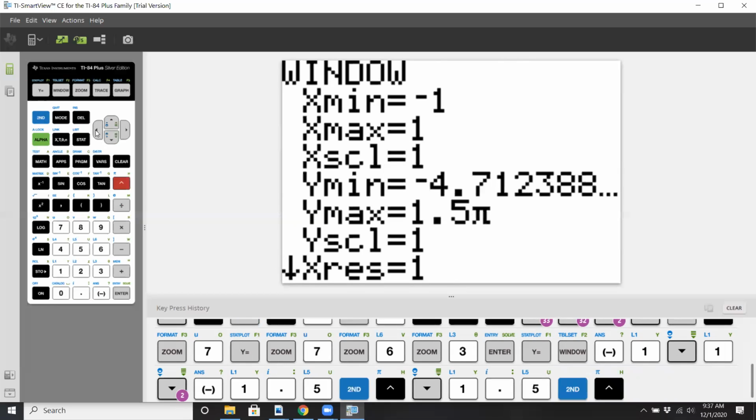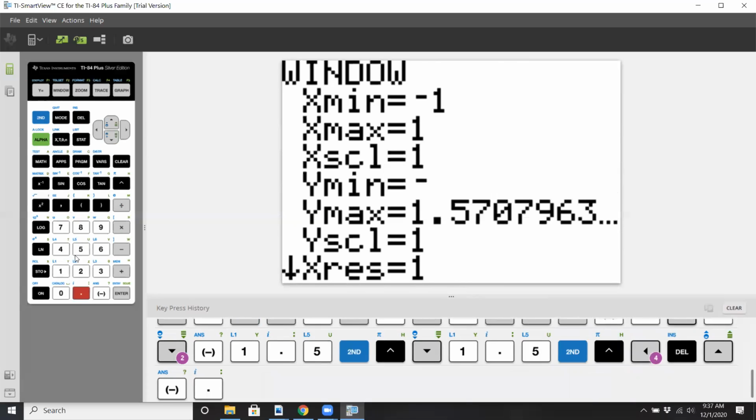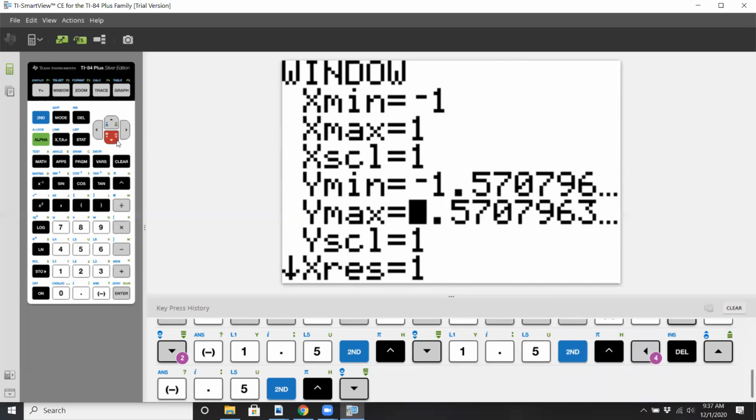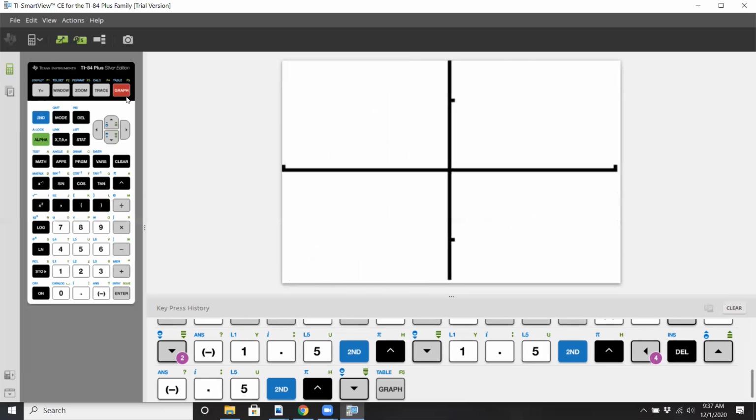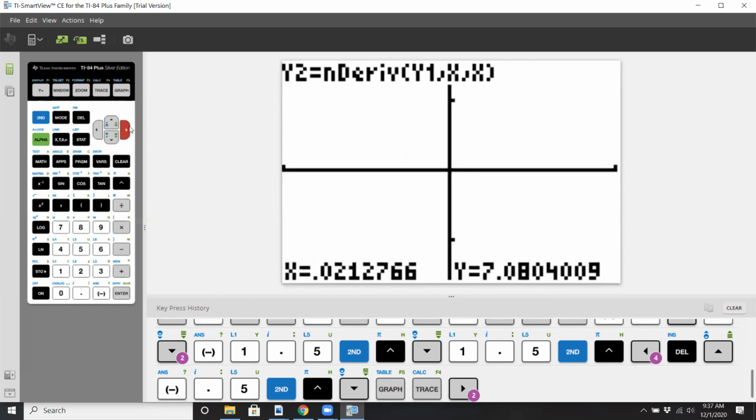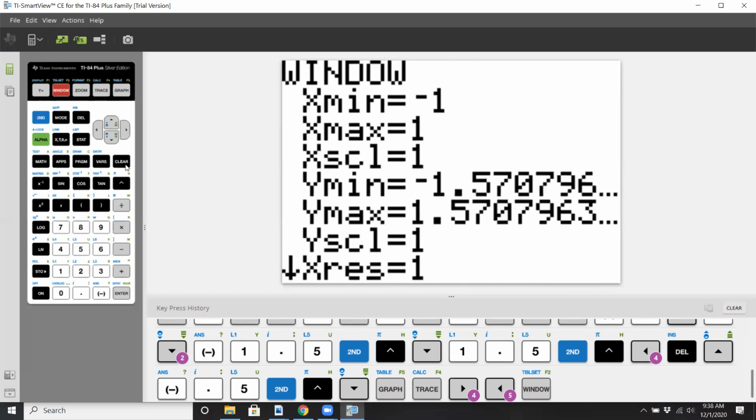Actually, I'm not sure I did 1 point. It should be 0.5 pi. Okay, if I can't figure it out, then just trust me, I did this right. Let me try this one more time.